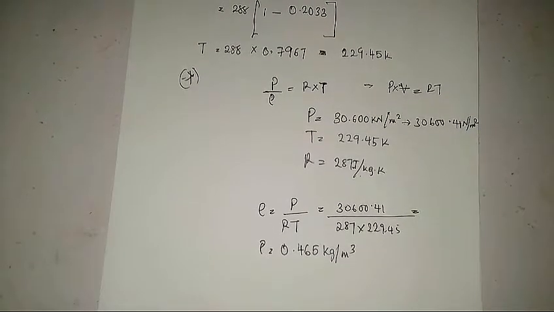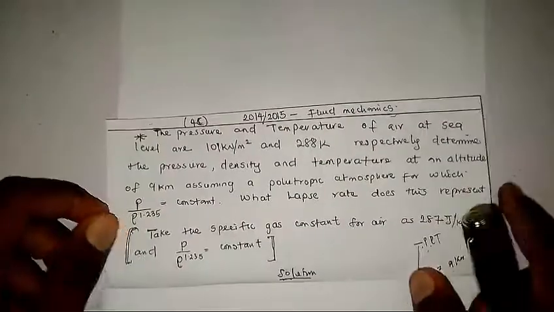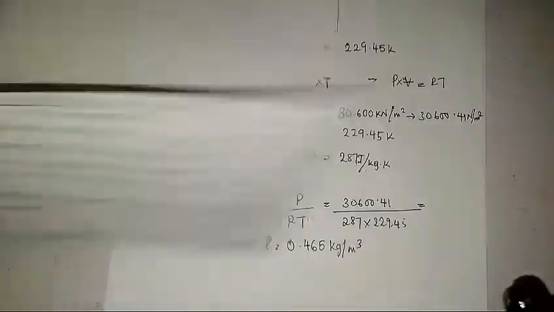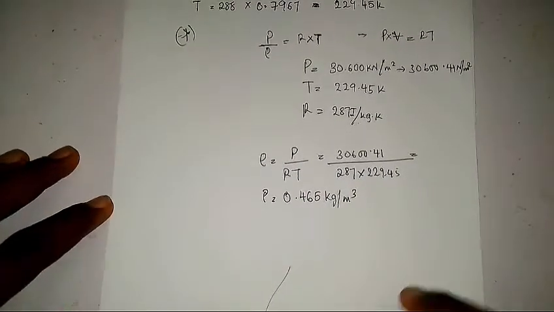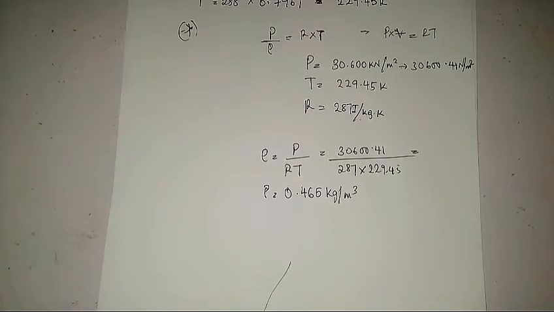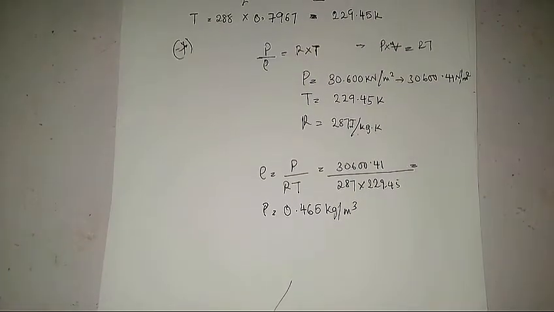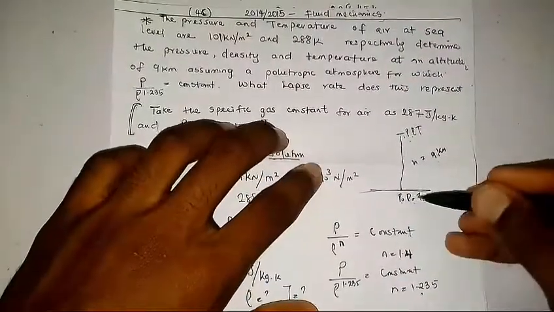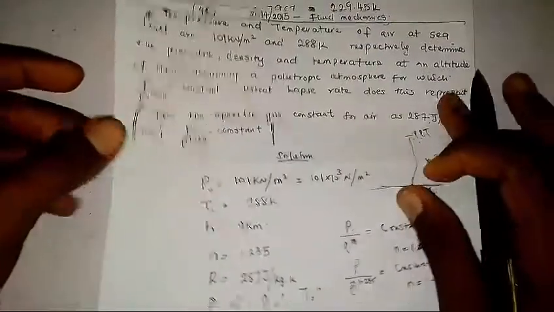So now remember we were given two questions. The second one says, what lapse rate does this represent? So basically the lapse rate is defined as the change in temperature due to change in height. So going up at a certain height, there will be a change in temperature from this to this. So that is basically the lapse rate. So change in temperature divided by change in height.